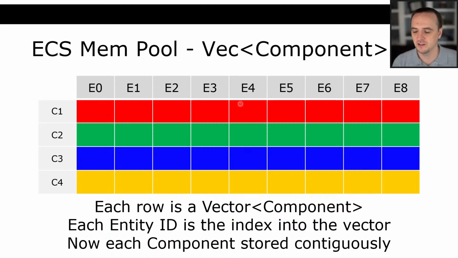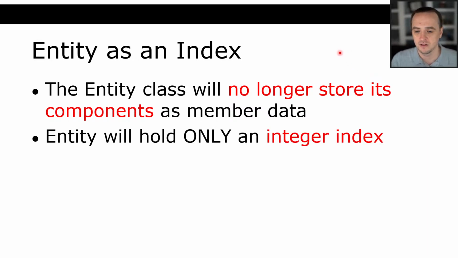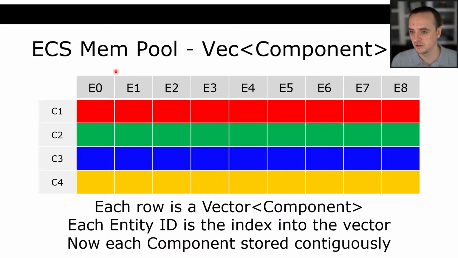So this means, look at this, if each row is now contiguous, then what is an entity? If the entity no longer stores its components as member data, all the entity is, is an integer index into this memory pool. Look, all the entity does is say what index of each of these vectors it actually wants to access.